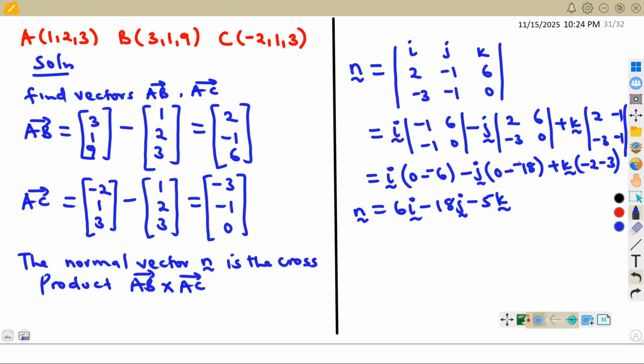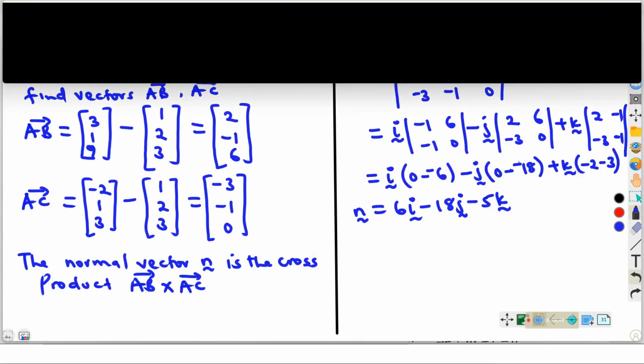So what will be the equation of the plane? Let us get the equation of the plane using the point A as the point on the plane.